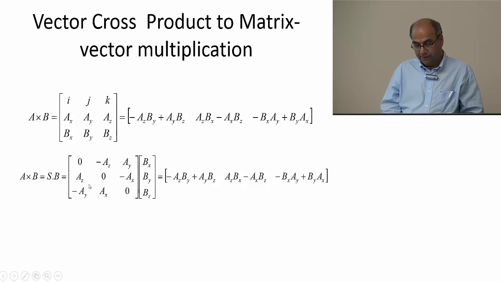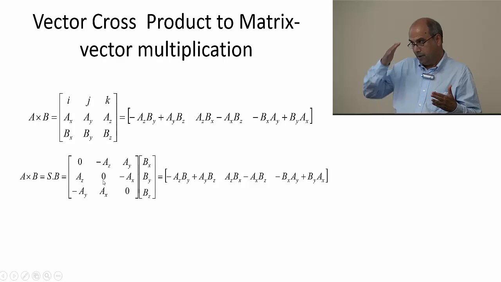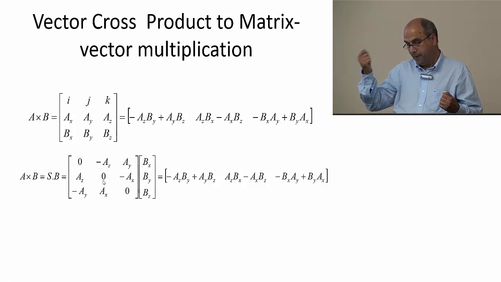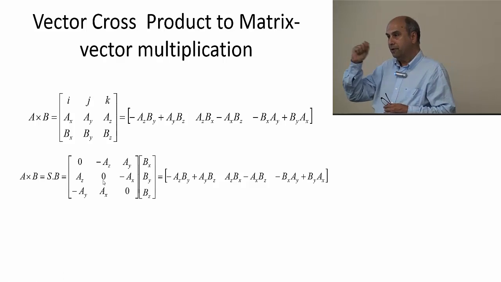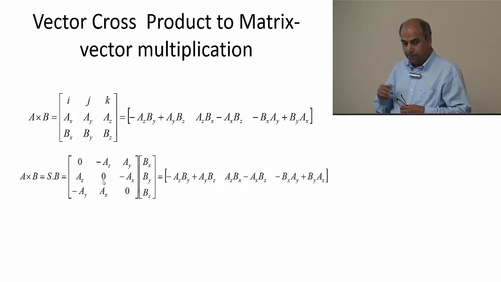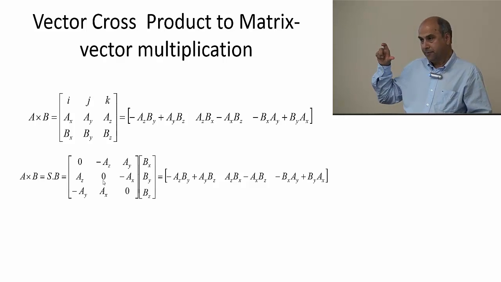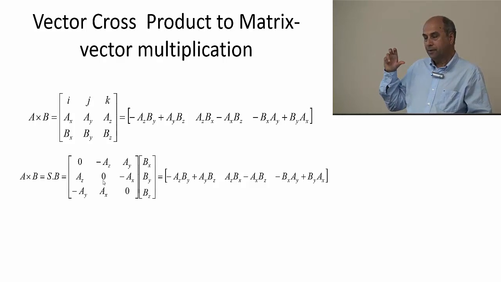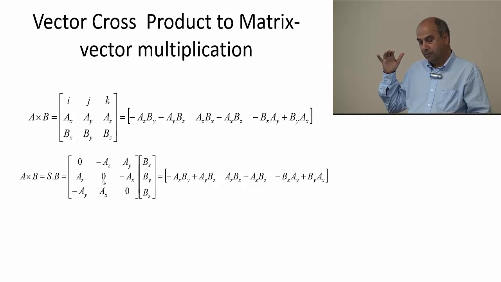This is negative of this, this is negative of this, this is negative of this. If this was positive, then it's called symmetric. On the diagonal the elements are the same, but now they have different signs, and that's called an anti-symmetric matrix. So we take the vector A and make a 3 by 3 anti-symmetric matrix like that.